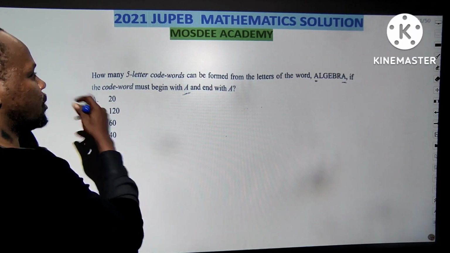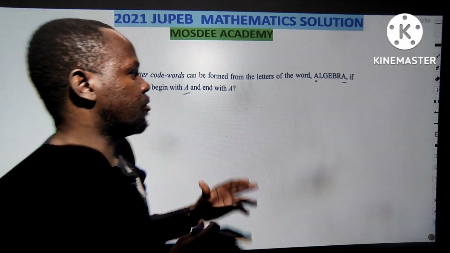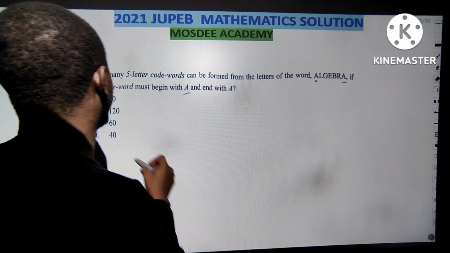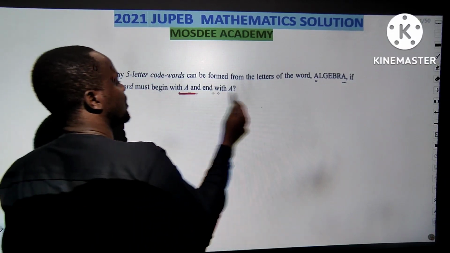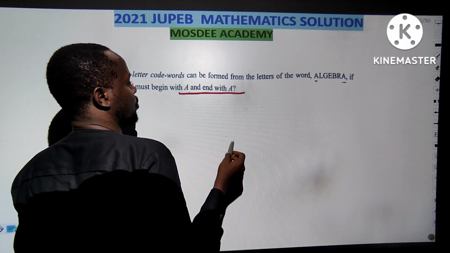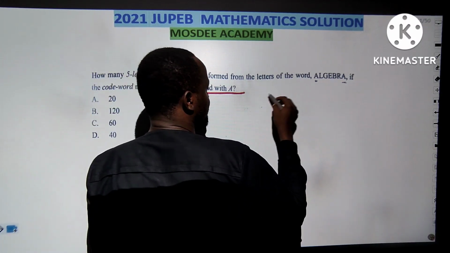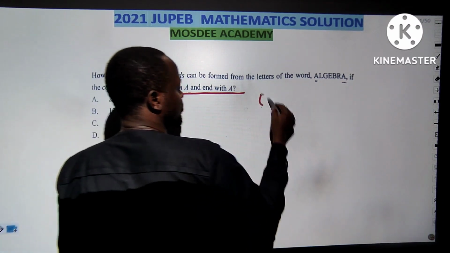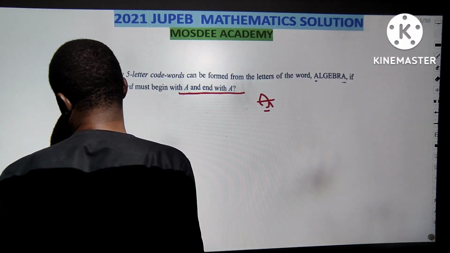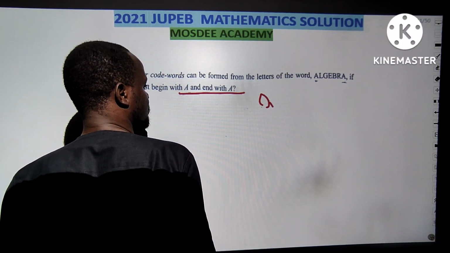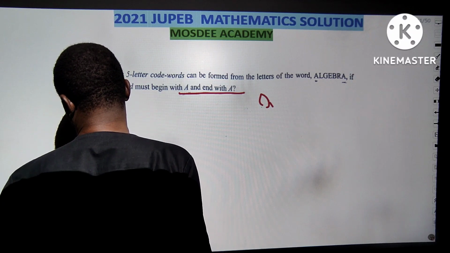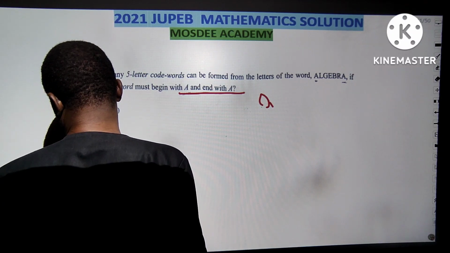Question 41 says, how many 5-letter code words can be formed from the letters of ALGEBRA if the code word must begin with A and end with A? I want to form a 5-letter word, and I'm taking the first A. Because I'm rushing, I don't want to end up doing rubbish.